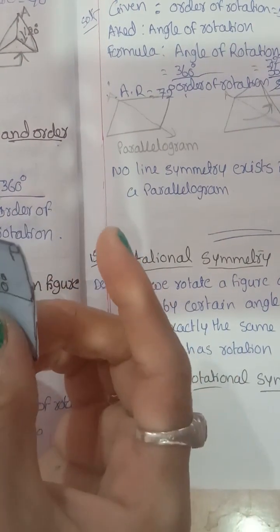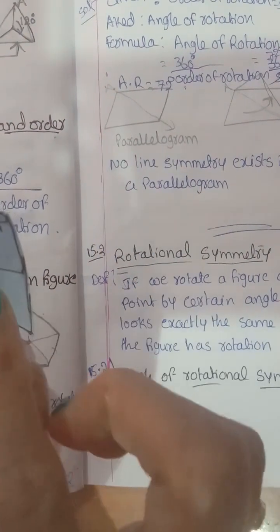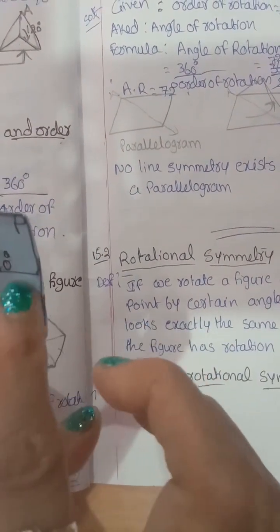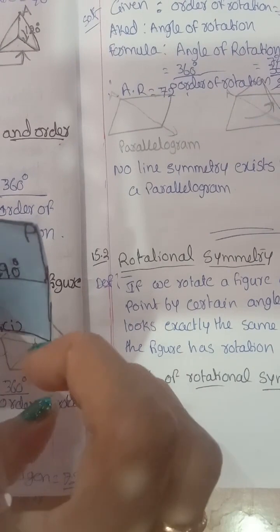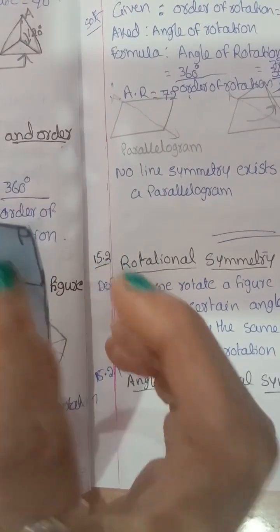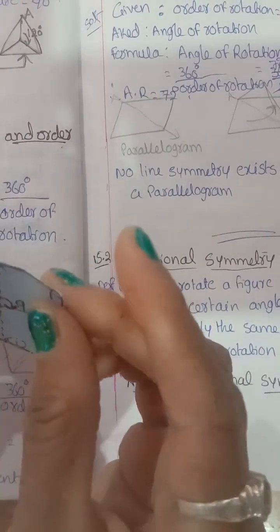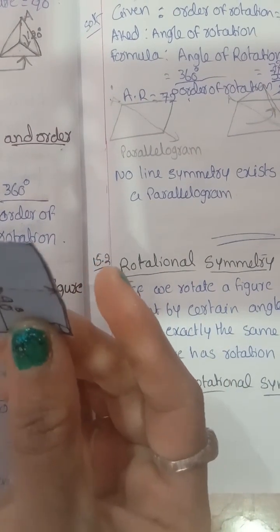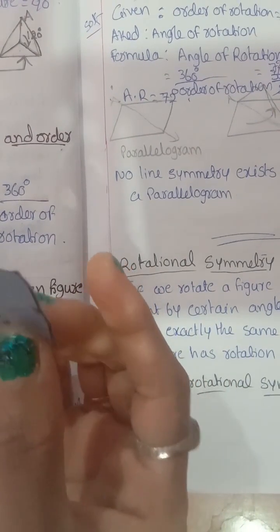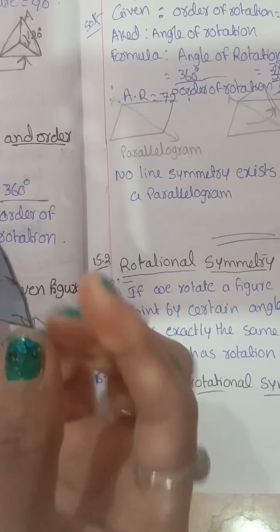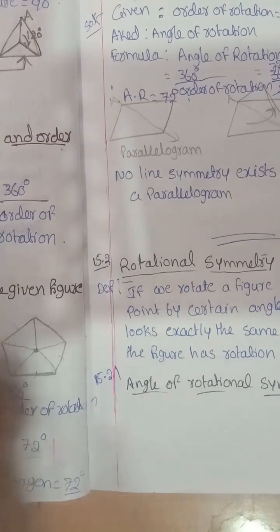If the initial figure is rotated, every time it is rotated by 90 degrees. First, this is the initial figure. If we rotate it by 90 degrees, a quarter turn, we will get figure 2. This is in the textbook here.